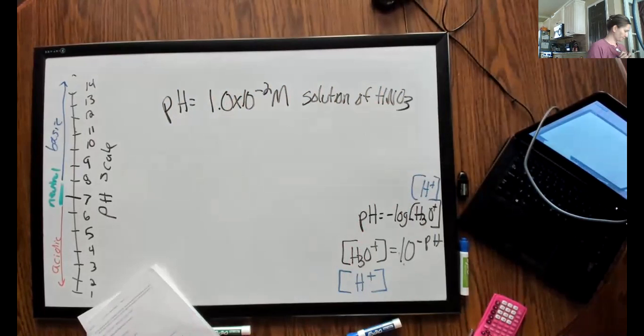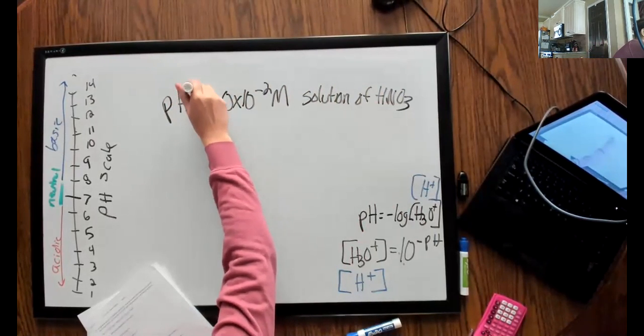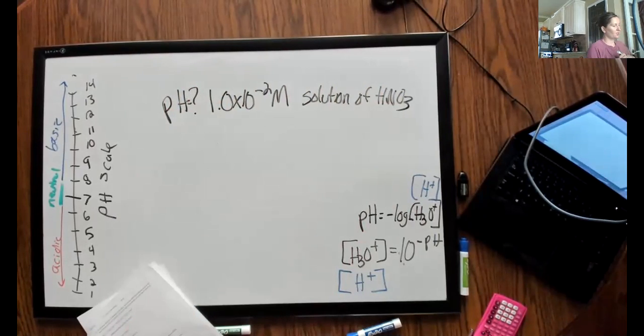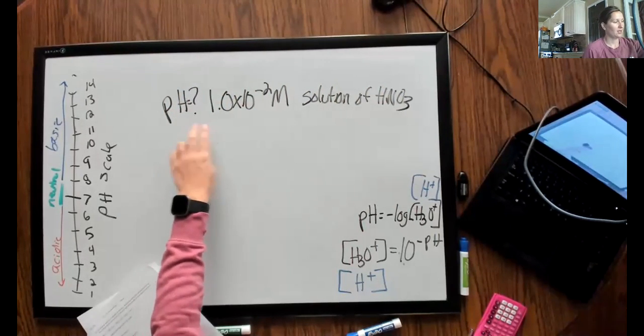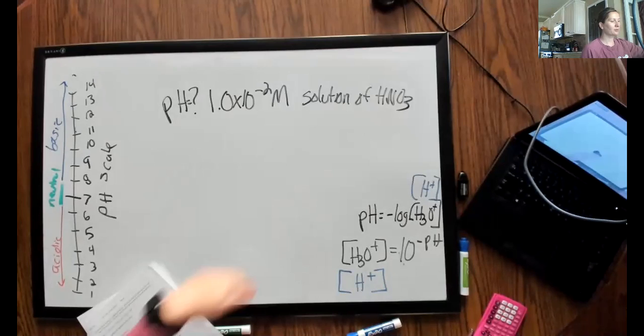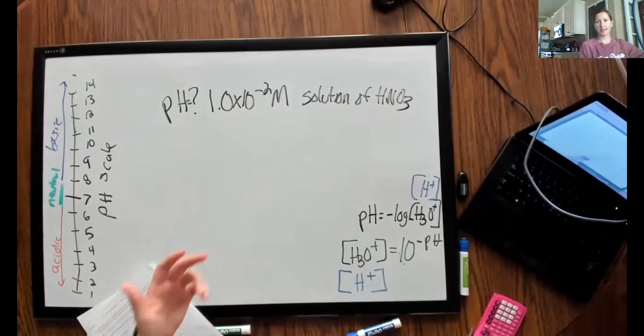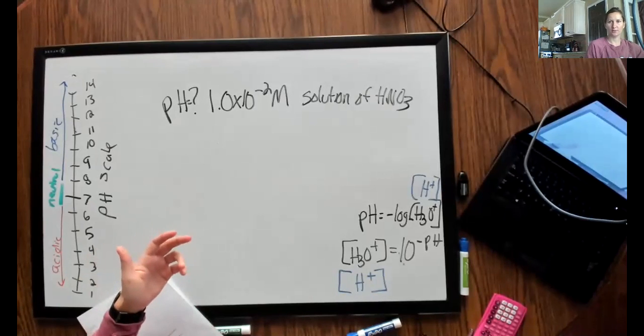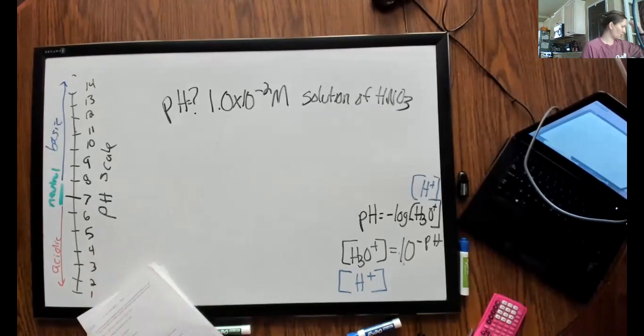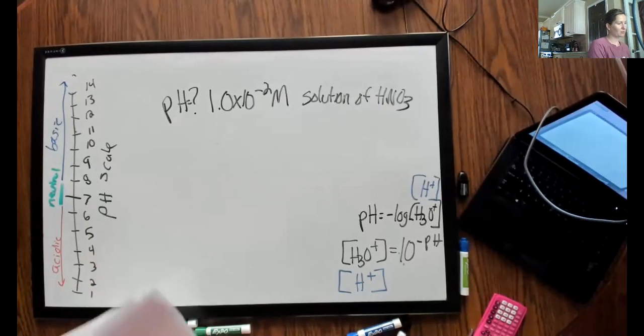Okay, so they want us to calculate the pH. That's the question. It gives us this number, 1.0 times 10 to the negative 2, with a capital M after it. So what does the capital M mean? That's concentration, molarity. We looked at that, gosh, chapter 6, I think. When we did concentrations in chapter 6, molarity was moles over liter. It was a type of concentration.